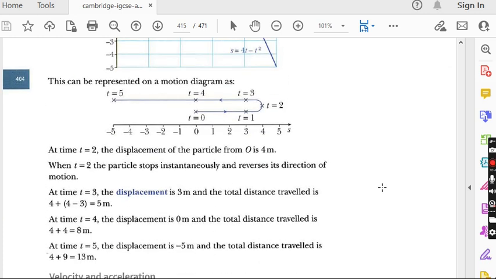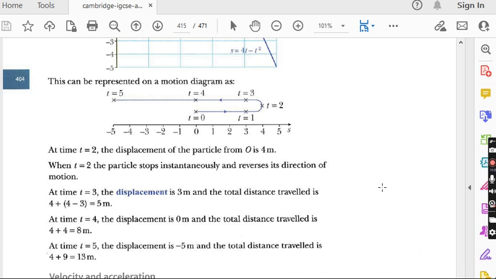The total distance is, first, from 0 to t = 1, the displacement is 3. Then at t = 2, the displacement is 4, and at t = 3, the displacement is 3, and at t = 4, the displacement is 0.